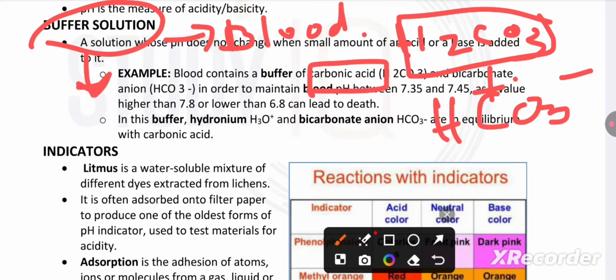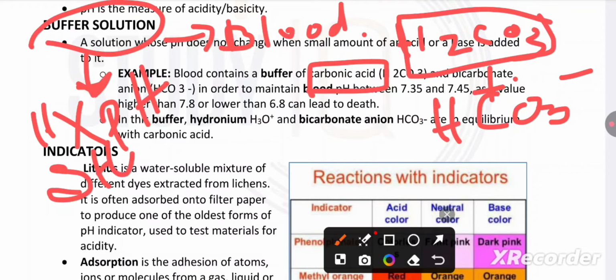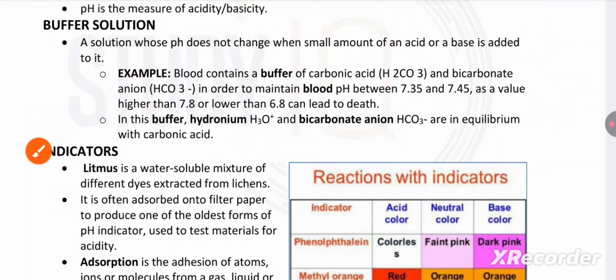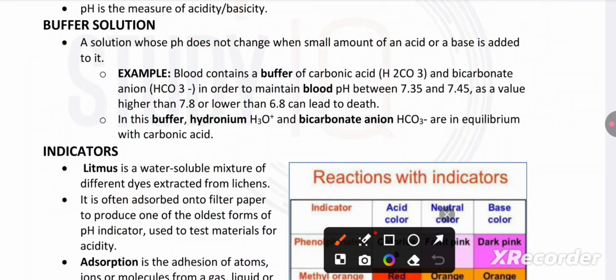That means it will not change the pH value. Slightly it will increase or decrease, but not change. That's why in our blood the pH level is maintained in this range, very high is 7.8, very low is 6.8.